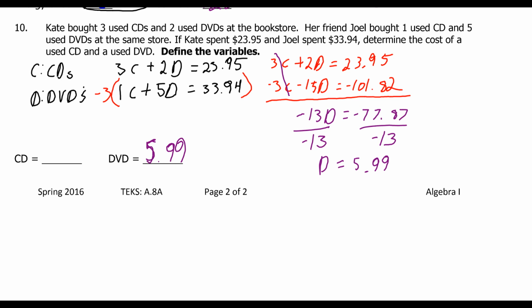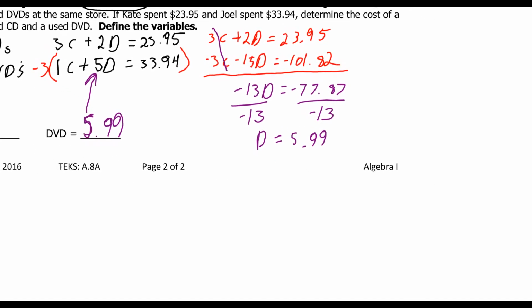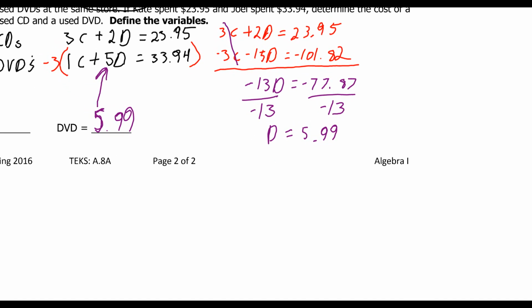Now we have to go back, plug in, and figure out how much the CDs cost. The easiest route is probably this one, since we already have the C isolated: C plus 5 times $5.99 equals $33.94.